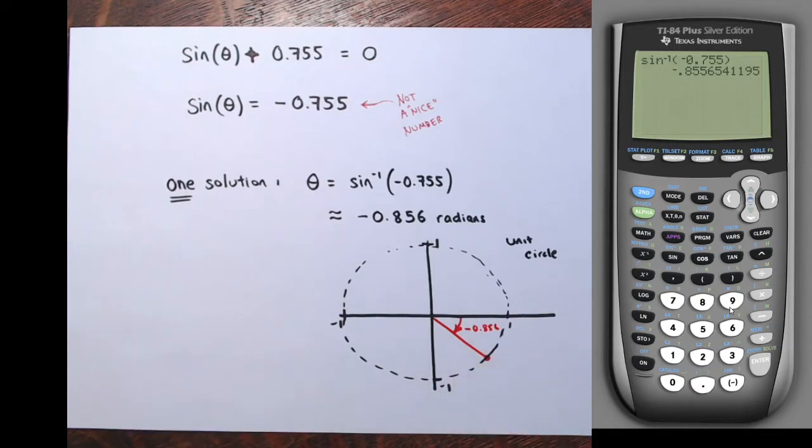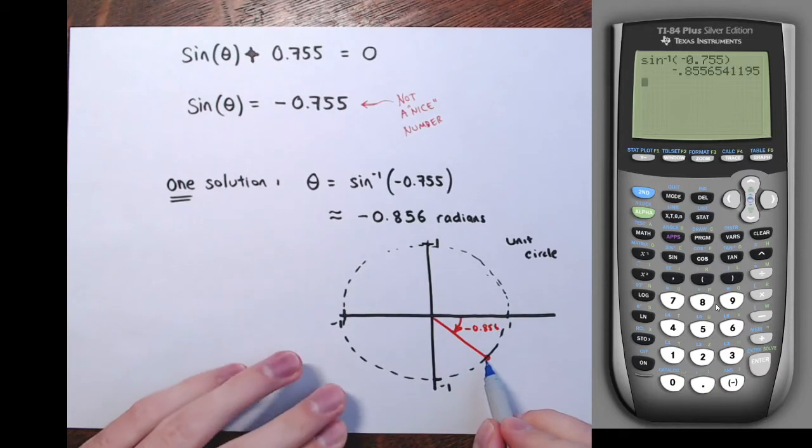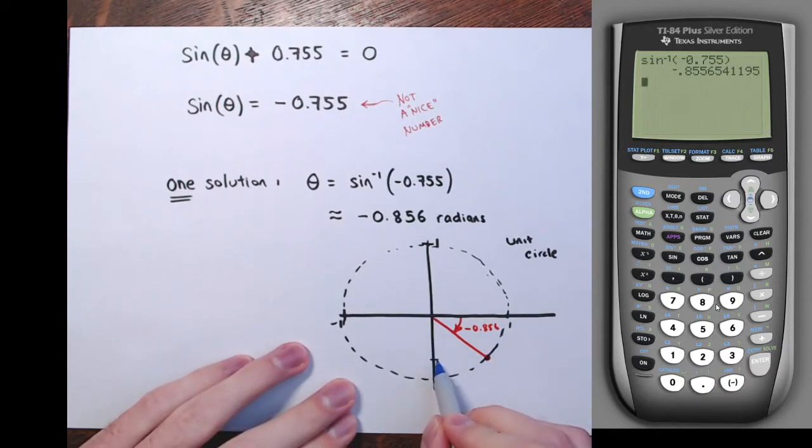And if you recall, sine was related to the y coordinate of the point on the unit circle. So that means this point here has a y coordinate of negative 0.755. Sorry if that's tiny.